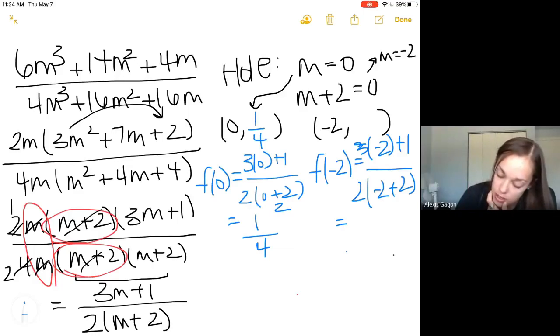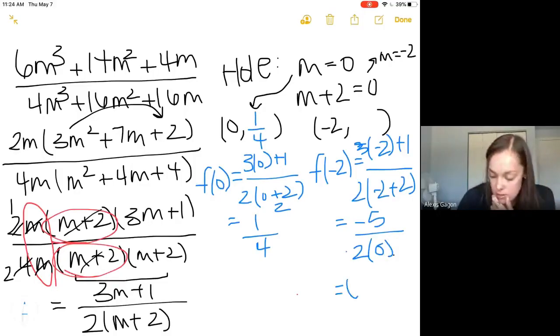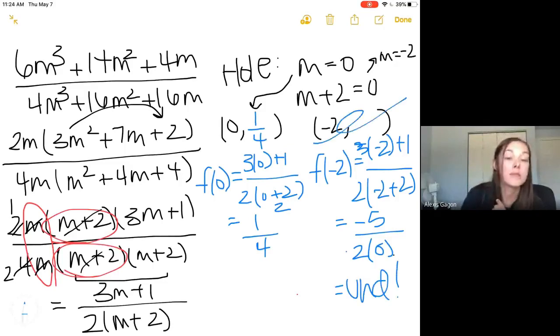On the bottom, we have 2 times 0, which means that we end up dividing by 0. And since that happened, this is undefined. You can't divide by 0, which makes this not a hole. It's actually an asymptote at negative 2. We're going to get into asymptotes next time.